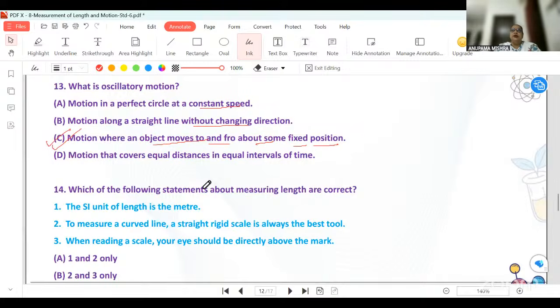Now the next one. Which of the following statements about measuring length are correct? One, the SI unit of length is the meter. Two, to measure a curved line, a straight rigid scale is always the best tool. Three, when reading a scale, your eye should be directly above the mark.